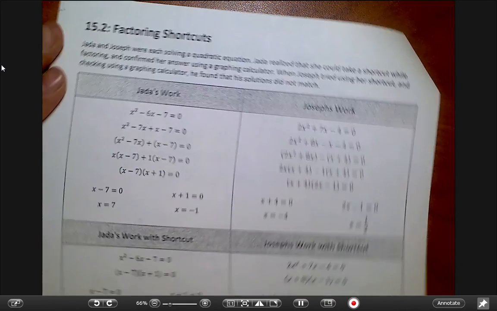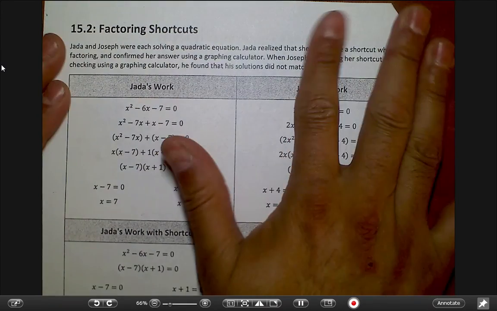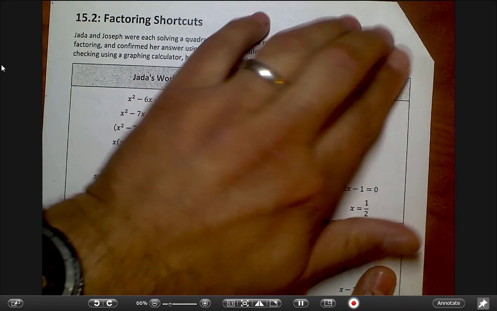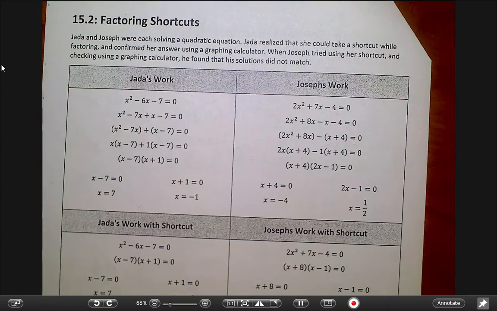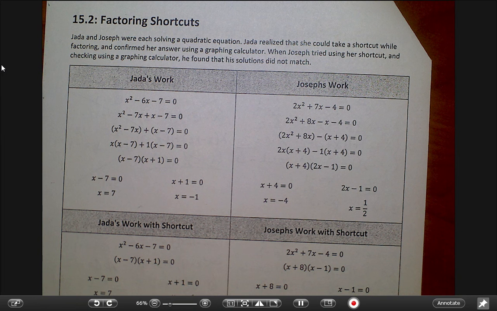Now, this right here is a shortcut. It is a cheat. You only need to learn this one if you actually can do all your work, because you have to fully understand what you're doing to be able to even understand the cheat.